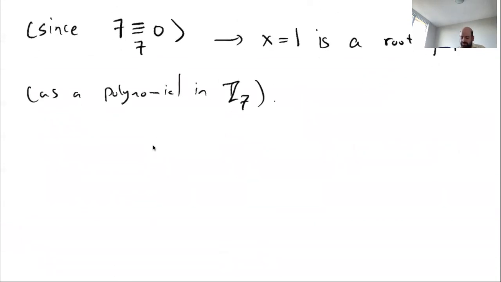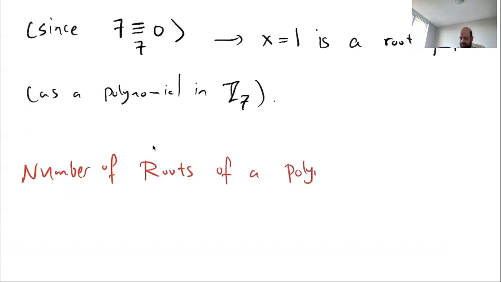So, the number of roots of a polynomial.